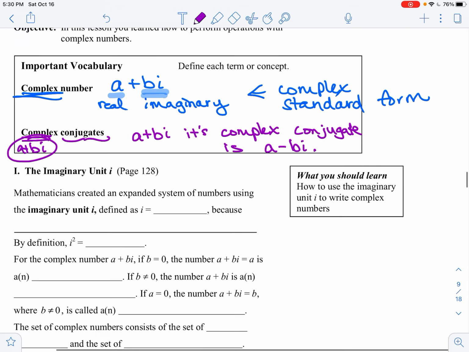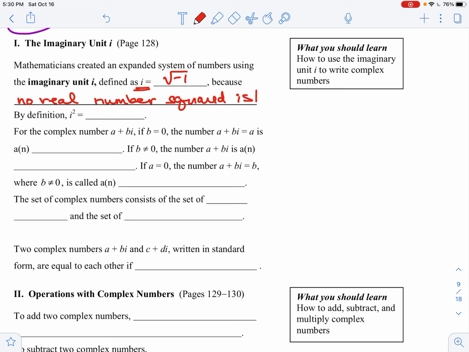All right, let's talk about i, and hopefully you remember what i is. But i is defined as the root of -1 because no real number squared is -1, right?